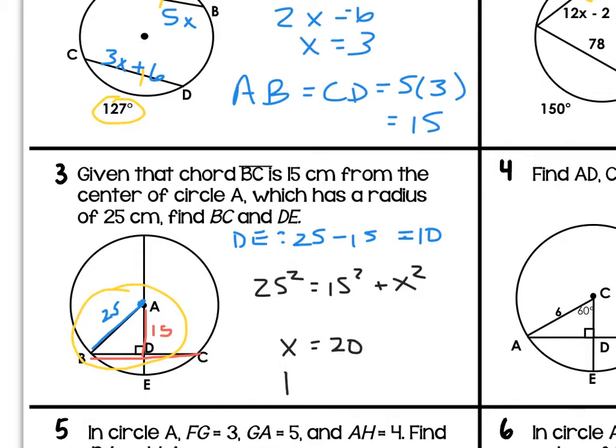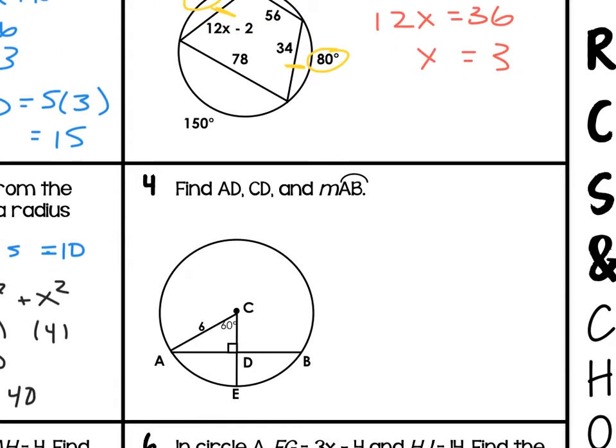So that means BC is double that, which would be 40. I did that really fast in my head because this is a 3, 4, 5 right triangle, but everything has been multiplied by 5. So 4 times 5 is 20. Or you could just do Pythagorean theorem. But those 3, 4, 5 triangles come in handy.